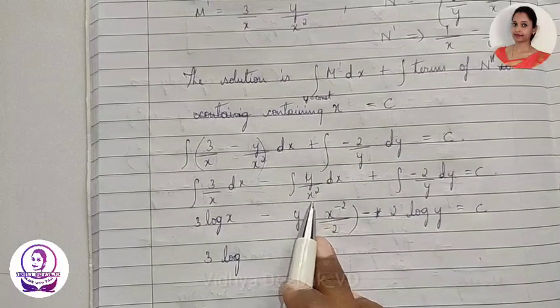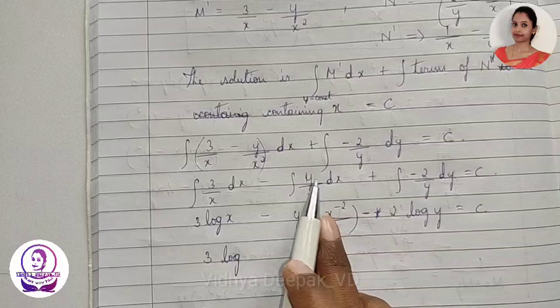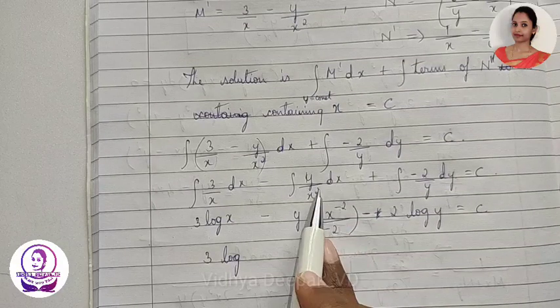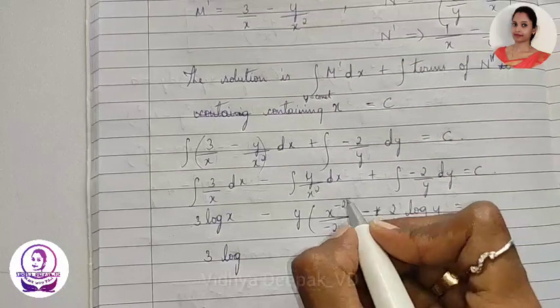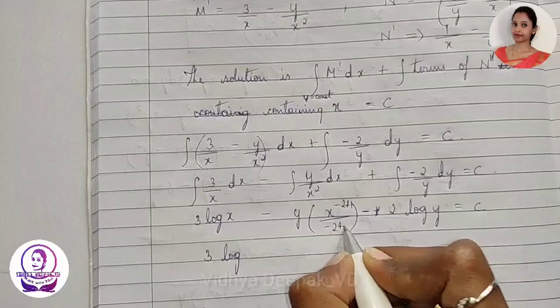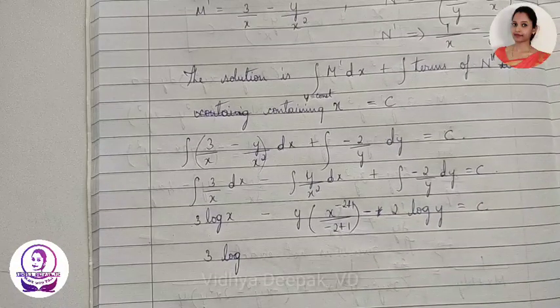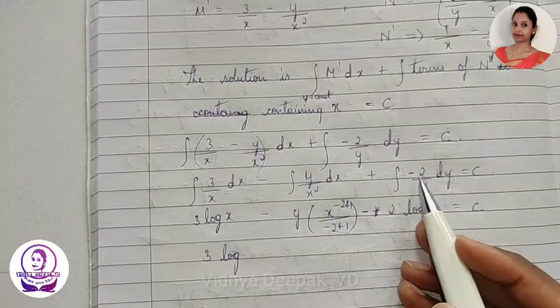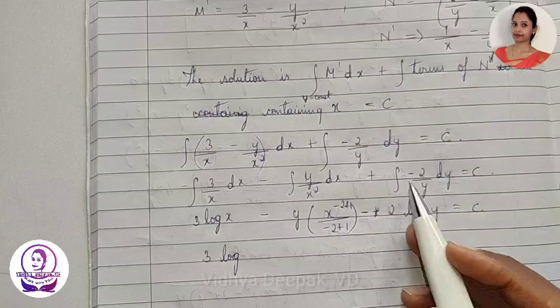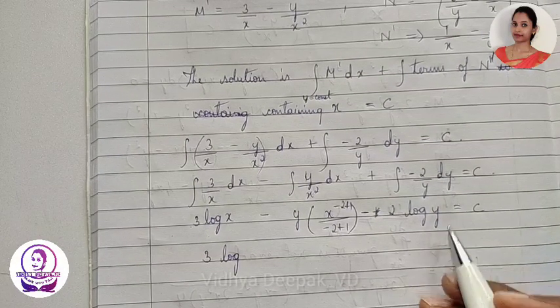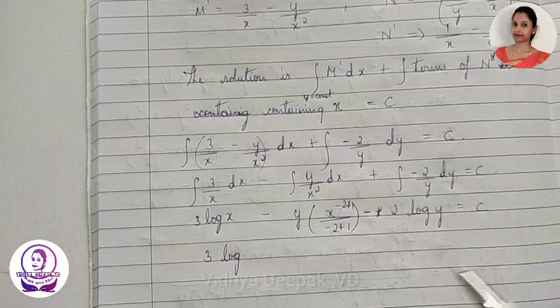Integral of 1/x² is nothing but integration of x to the power of minus 2, that is x to the power of minus 2 plus 1 divided by minus 2 plus 1. Here I'll take the minus outside. 2 is a constant. Integration of 1/y is nothing but log y, is equal to c.